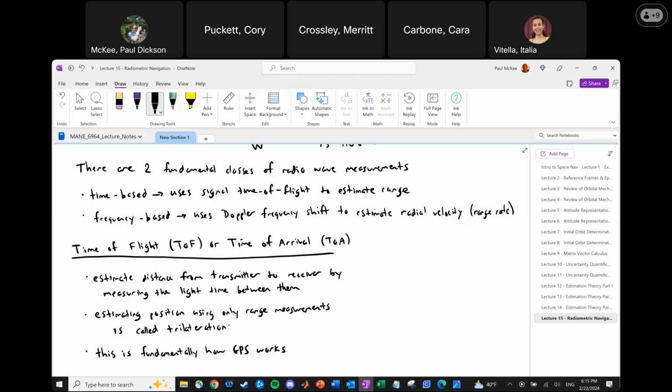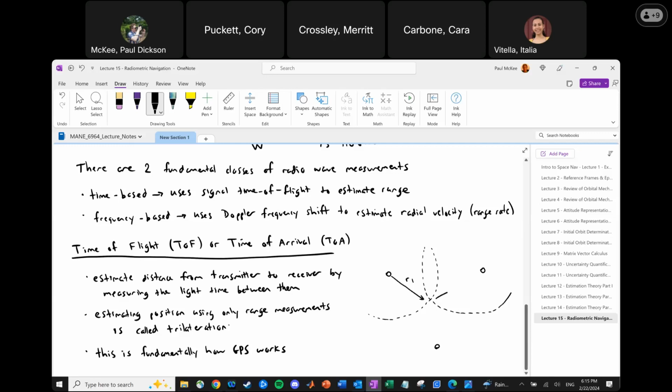And so just a quick idea of what's going on here. If you've got some transmitter here, and some transmitter here, and some transmitter over here, and you know that you are this distance away from your first transmitter, we'll call this R1, and this distance away from your second transmitter, pretend that's a straight line or a perfect circle, we'll call this R2.